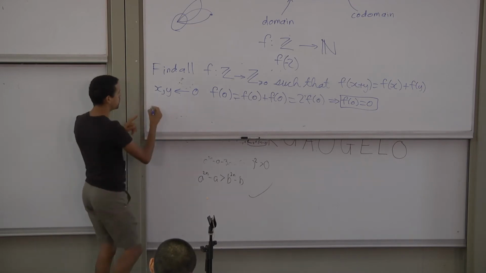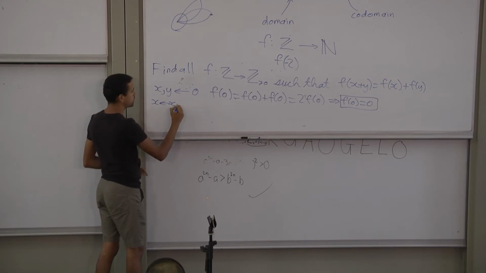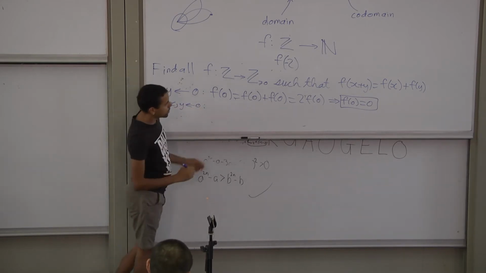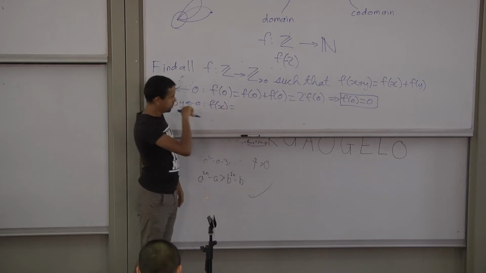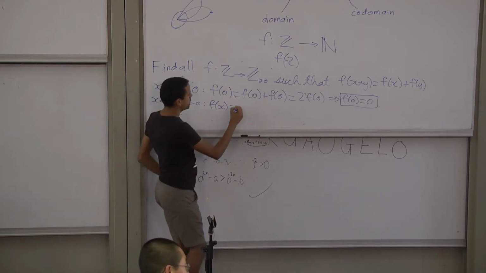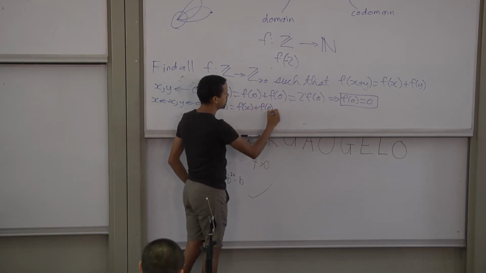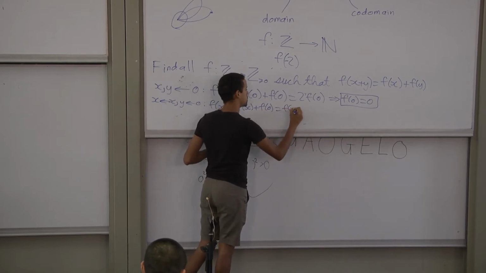Okay, so let's see what happens if we do that. We're going to put in x, and for y we're going to put in 0. What we get is f of x plus 0, which is just f of x, and f of 0 is 0, so that's just f of x.